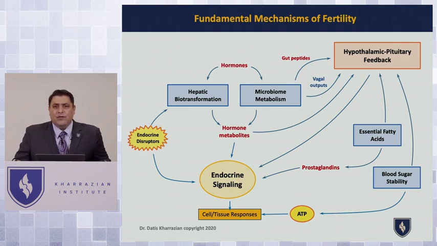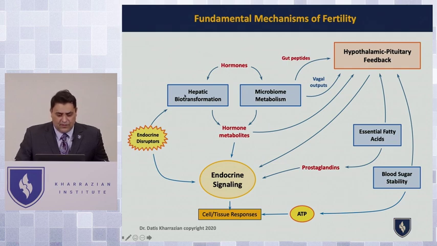But the fine-tuning of which metabolite is converted and used, the degree of binding protein you have, the degree to which hormones get cleared and don't get cleared, the fine-tuning of endocrinology really takes place at the microbiome, and it really takes place through hepatic pathways. So when we're looking at fundamental mechanisms of fertility, we really want to make sure we have a healthy microbiome. And we'll go into some research of how the microbiome impacts endocrine metabolism. We really want to make sure the liver has the ability to biotransform and clear hormones and is healthy. So those are key pathways here.